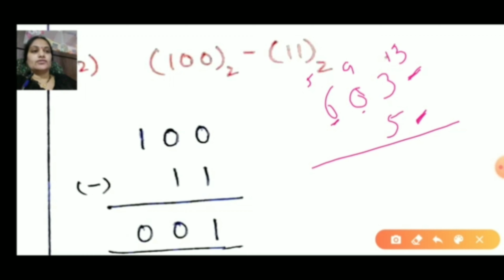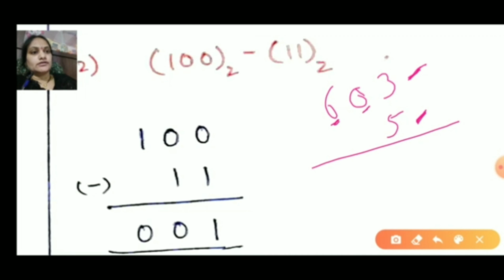Once again I am telling that here you have to subtract 5 from 3, but 3 is less than 5. So what you have to do? You have to take borrow. So here 0 is unable, it cannot give borrow to 3. That's why you go for 6.